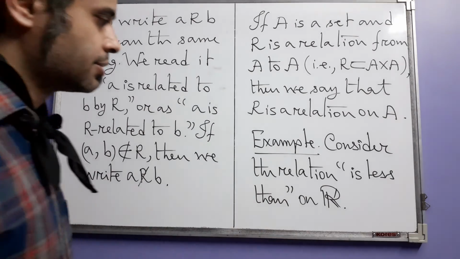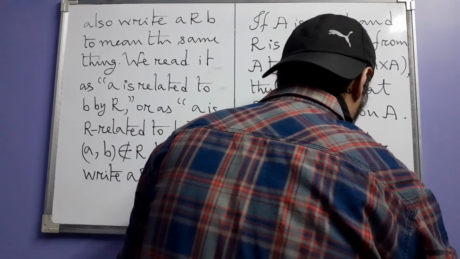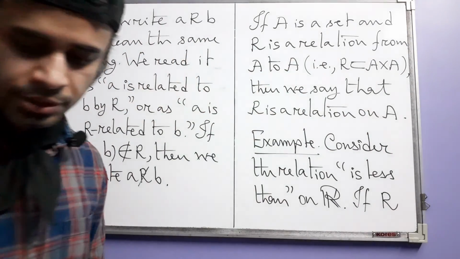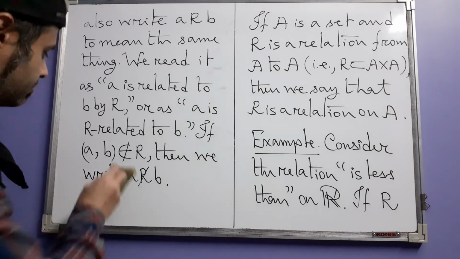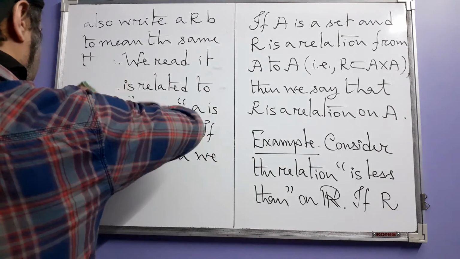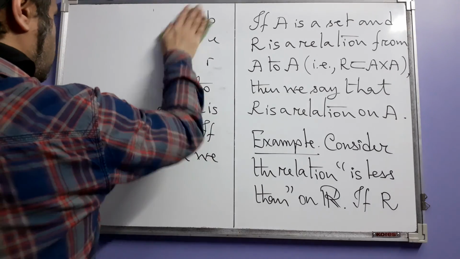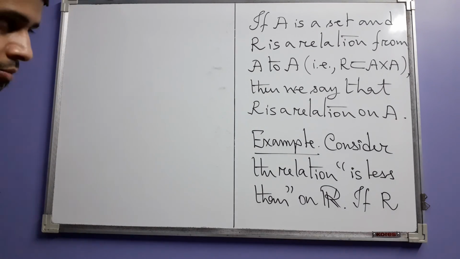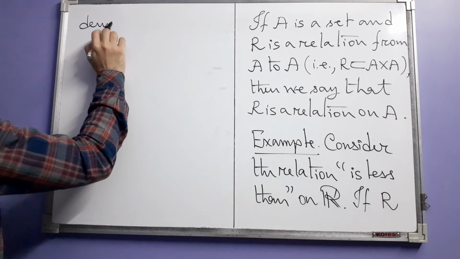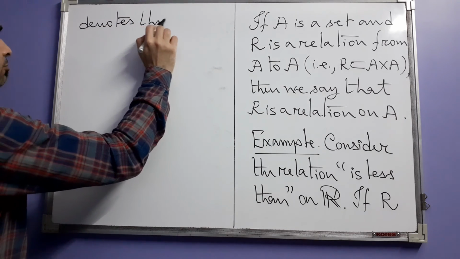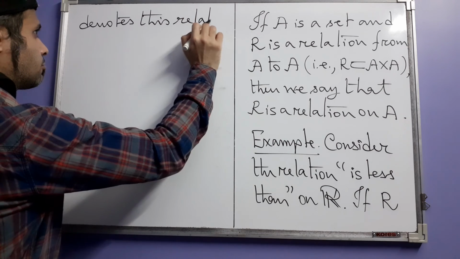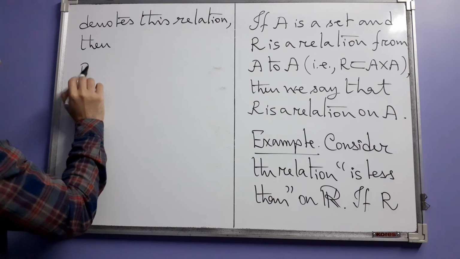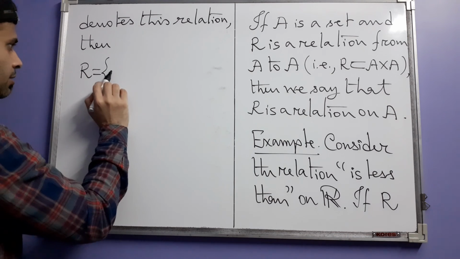What type of relation is it? We know what it is. If R denotes this relation, then this is how you can specify R using the set builder method.